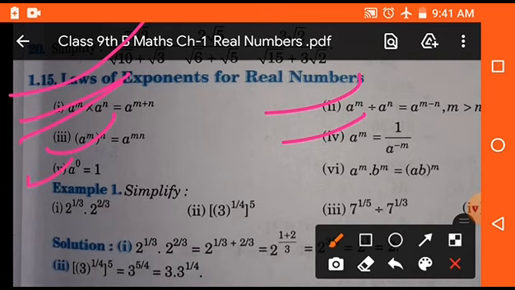If any number has the power 0, then its value will be 1, and if two numbers in multiplication have different bases but the same power, then we will write the bases in multiplication and the power one time.